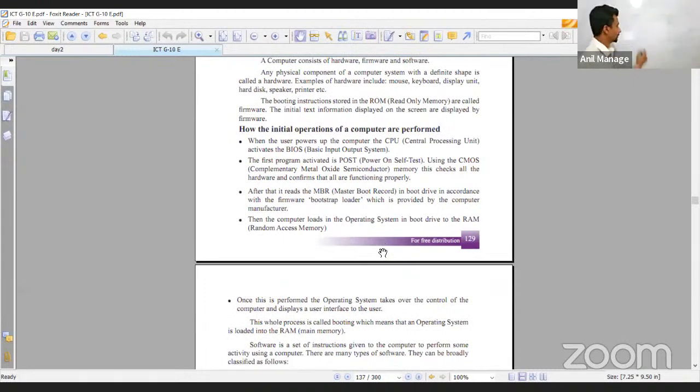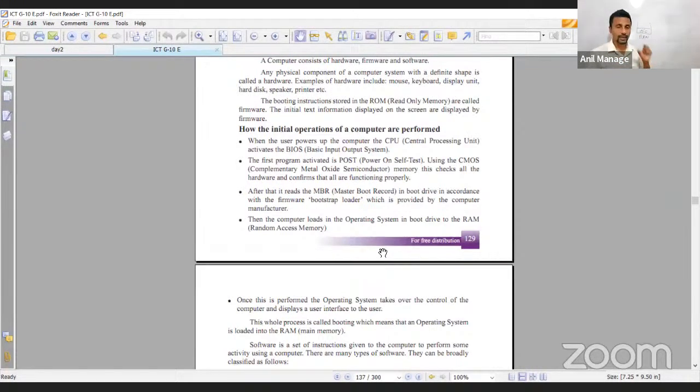Now when you take RAM, the first program you get is the operating system. When you switch on the computer, the operating system is loaded to the RAM, taken from the master boot record. Suppose you have your operating system inside your C drive.